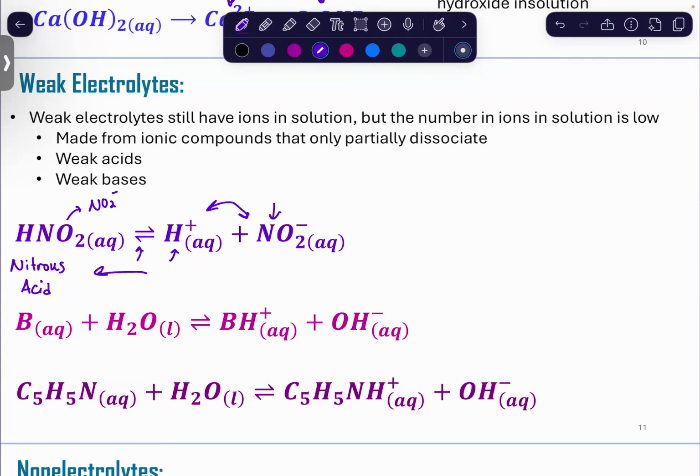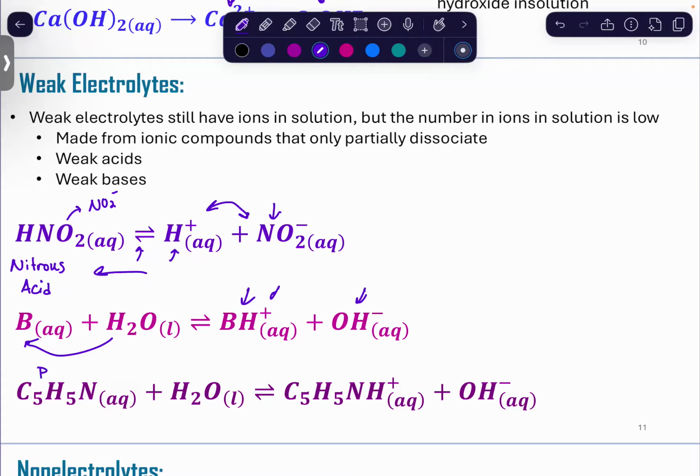It works the same way with bases. So a weak base will interact with H2O and take a proton to itself. So a proton is going to go that way, and then you're left with a positive species and your hydroxide in solution. A good example of that here is C5H5N. This one you wouldn't need to know the name of right now, but just make sure you can look it up.